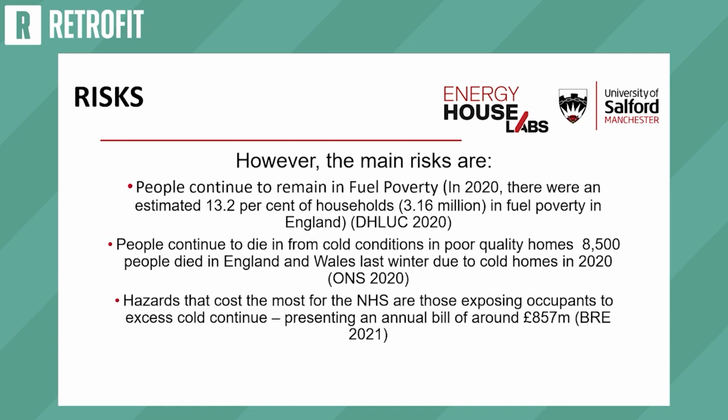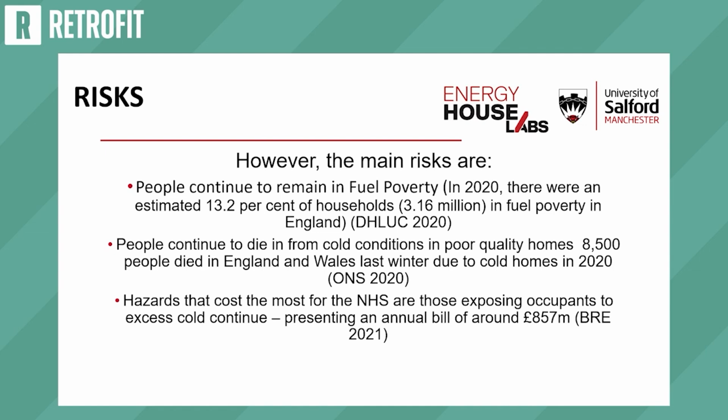But the main risks of this, if we keep living like we are in this status quo and people continue to remain in fuel poverty, 13% of households, 3.6 million households living in fuel poverty. That's in 2020. It's got worse since then by a significant chunk as well. People will continue to die in cold conditions in poor quality homes. A lot of people have, and a lot of people will in the future.